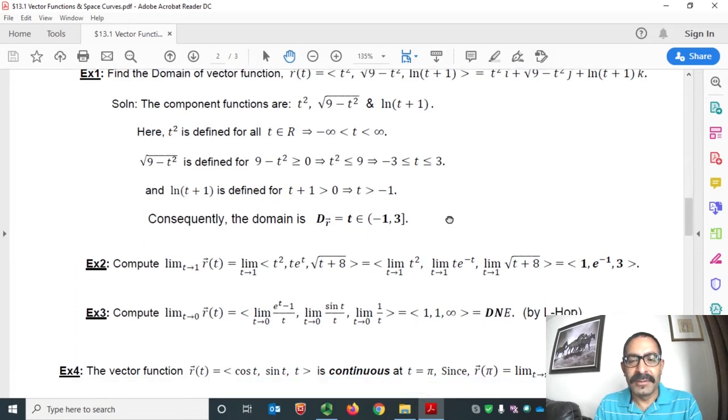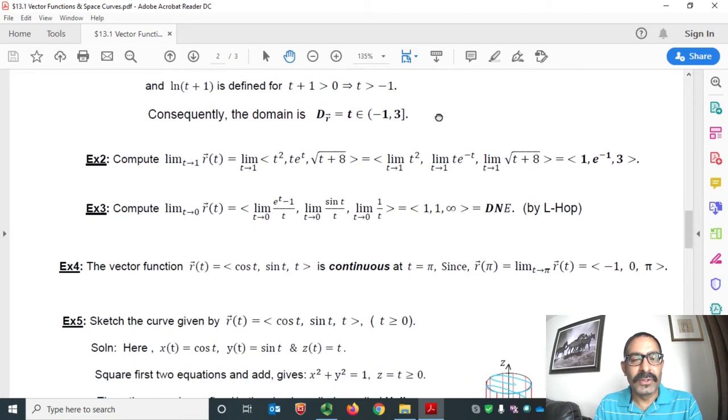Now let's move on. Example 2, compute the limit as t tends to 1 of r(t), where r(t) is given as t squared, comma, t e to the minus t, comma, radical t plus 8. Then we take the limit component-wise. So let's take the limit of each of these component functions, which I did here.